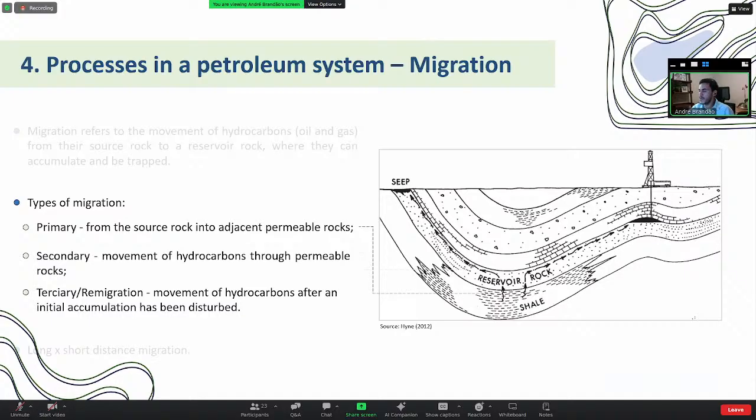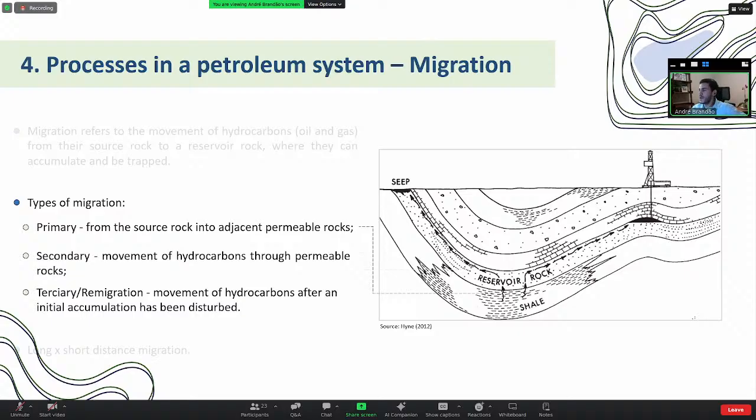We'll call that primary migration, and the secondary migration will happen here in this permoporous rock or through the faults, and it will flow until it finds a seal or a stratigraphic trap where the oil will accumulate.